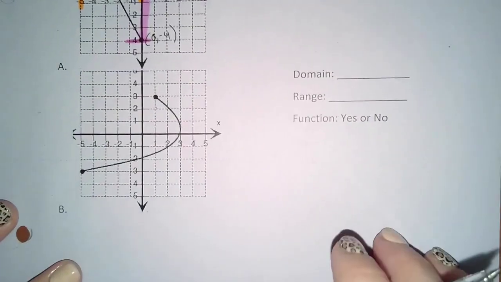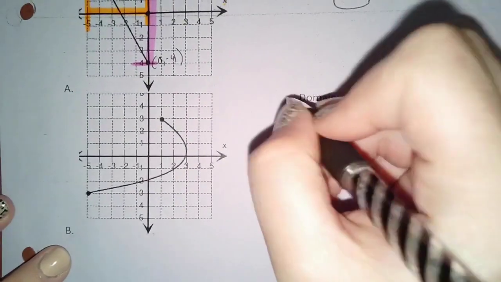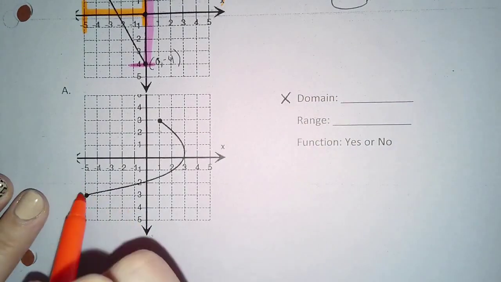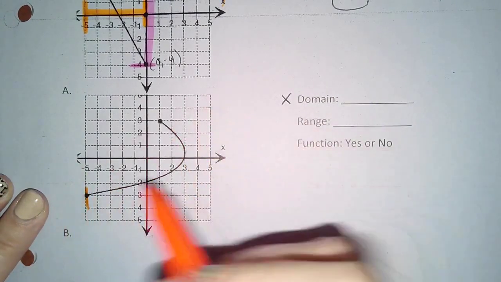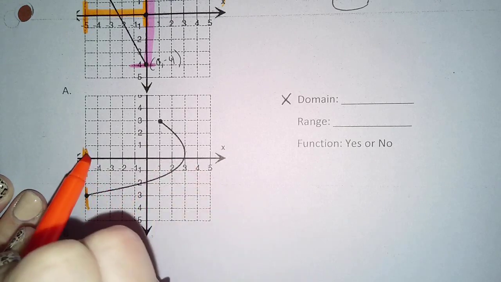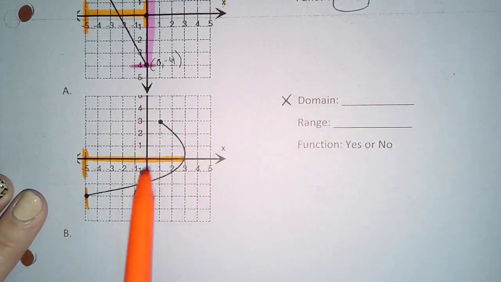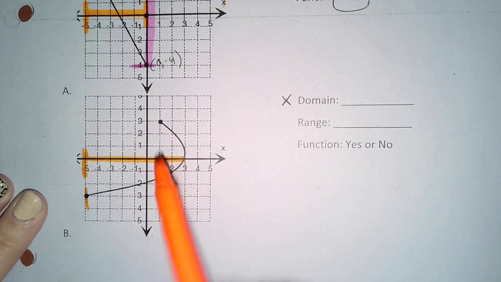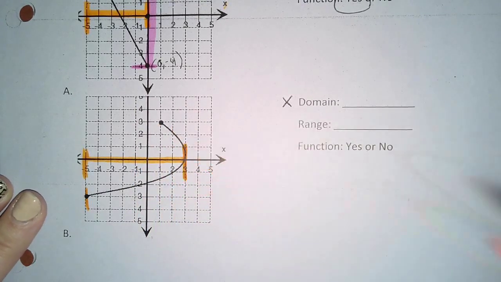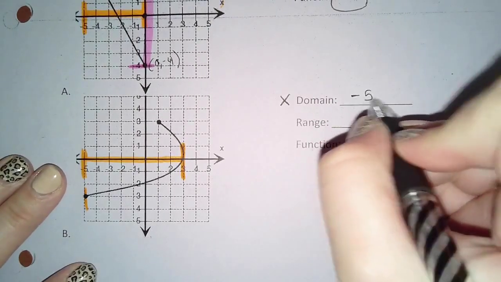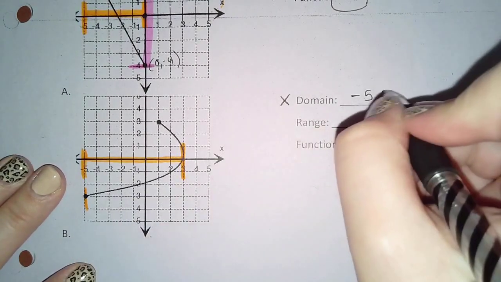The next one, B. So let's find our domain. Again, we're thinking left to right. So here, this is the furthest point to the left. So -5 all the way to here. Even though this is a closed dot, I can go all the way to the farthest part of my figure, which is here. So my domain is from -5 all the way to 3.